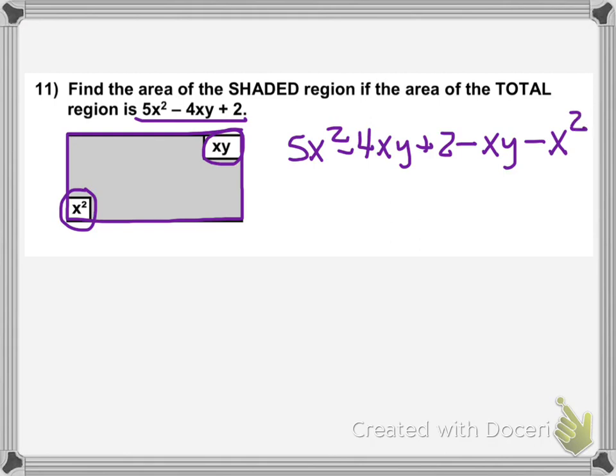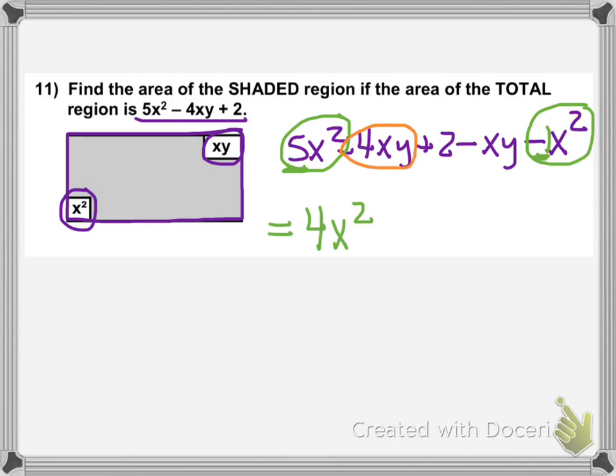Let's see if any of these terms are like. Let's try to simplify now. Our first term is an x squared term, and I do have another x squared term over here. I've got this negative 1x squared. So 5 and a negative 1 combine to make 4x squared. All right, my next term is negative 4xy.